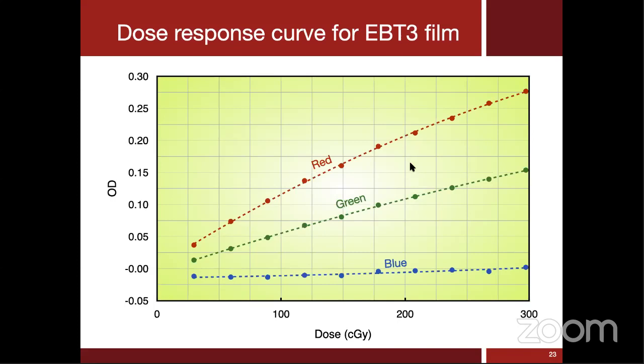If you're interested in higher doses, probably around 10 grays, then the red channel would saturate and you have to do the dosimetry with the green channel, because you will still see some response there. I think for clinical doses in radiotherapy, the red channel is the one to use.